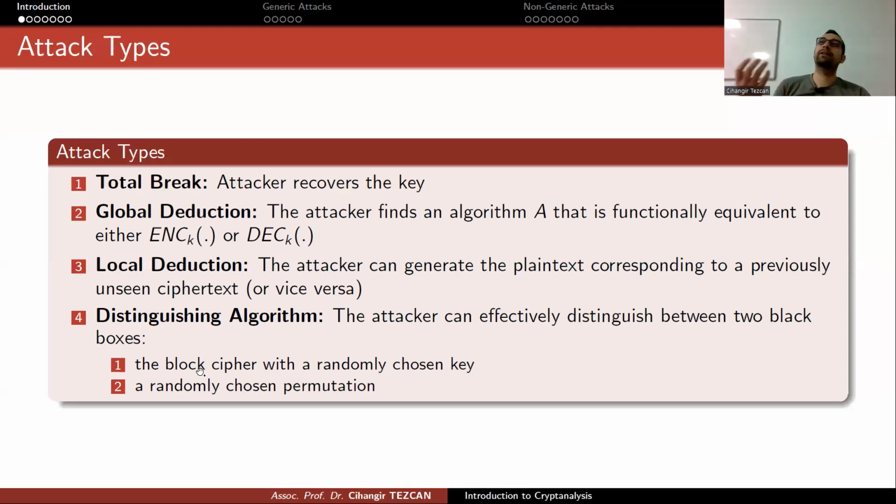If you can find a 9-round distinguisher for AES and a randomly chosen permutation, then you can use that distinguishing part, which is actually a statistical property, to capture the round keys of the additional 10th round. This way, capturing some round key bits will allow you to capture every master secret key bit at the end.